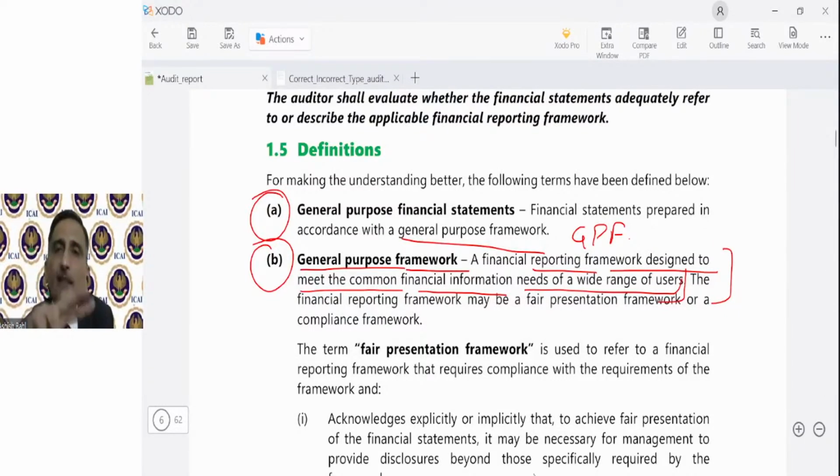Okay, it is different from a special purpose framework. Only this much is in your syllabus, so you have to understand the meaning of these two terms: general purpose financial statements and general purpose framework.